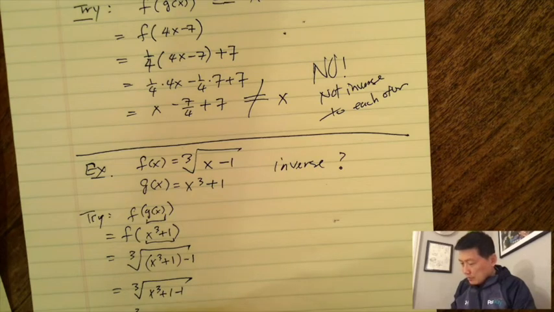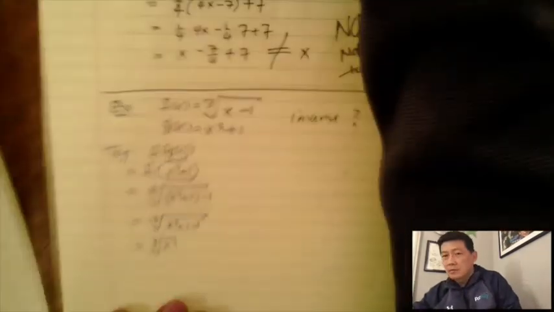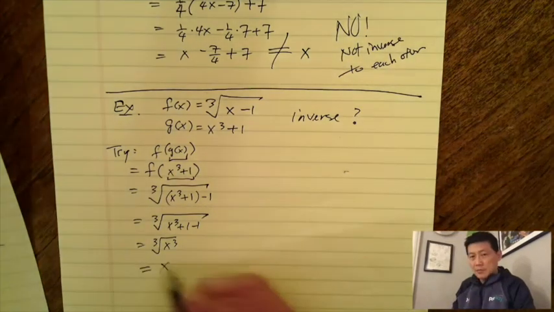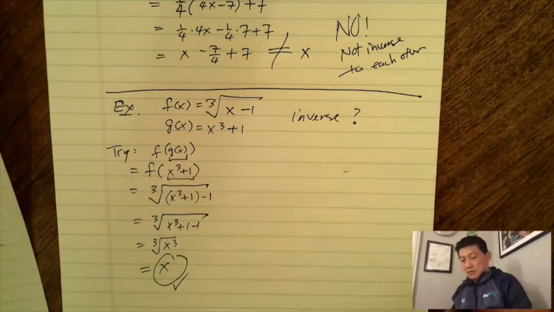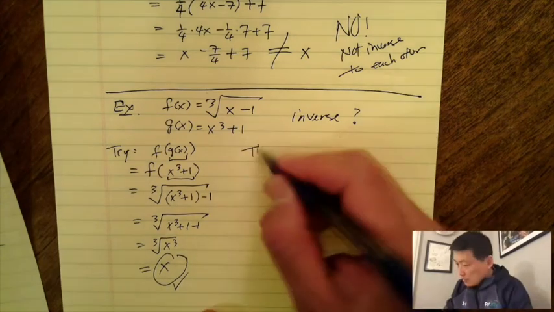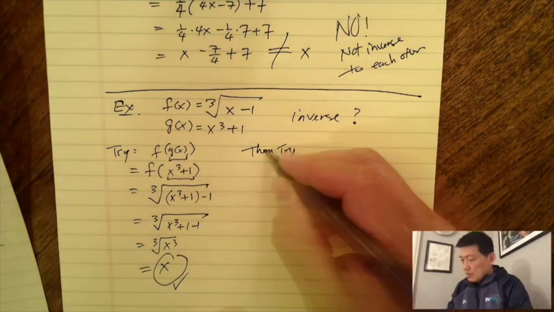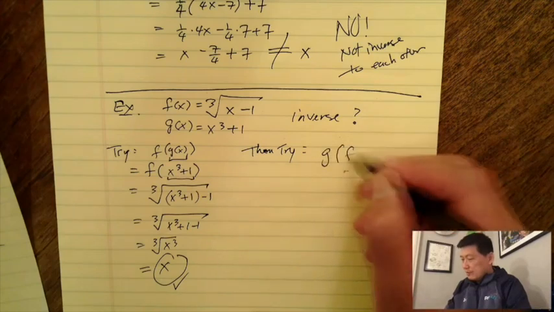We end up with cube root of x cubed, and that is equal to x. Alright. Well, we should try it the other way around, just to see if that also is true for g of f of x.